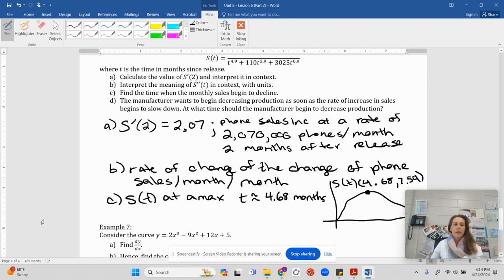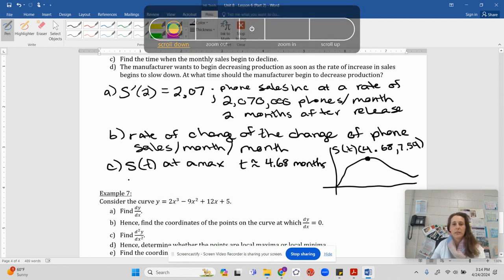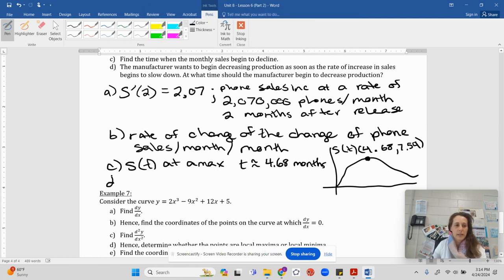And finally, D, the manufacturer wants to begin decreasing production as soon as the rate of increase begins to slow down. I want you to take a second and think about that before I answer it, or you can pause it and see if you can understand. Decreasing production. We want to find when the rate of increase in sales begins to slow down. So when does the rate of increase begin to slow down?